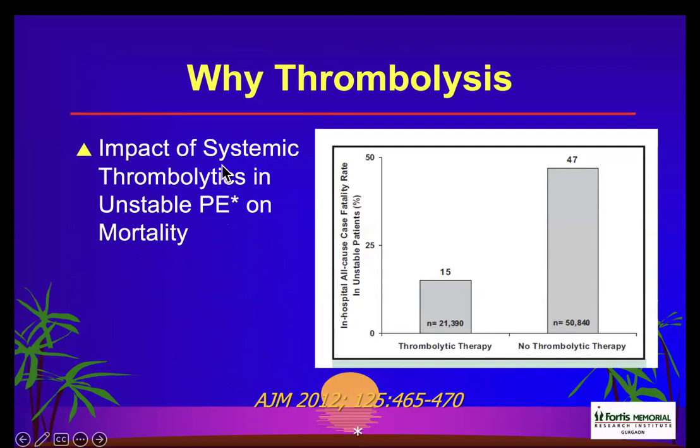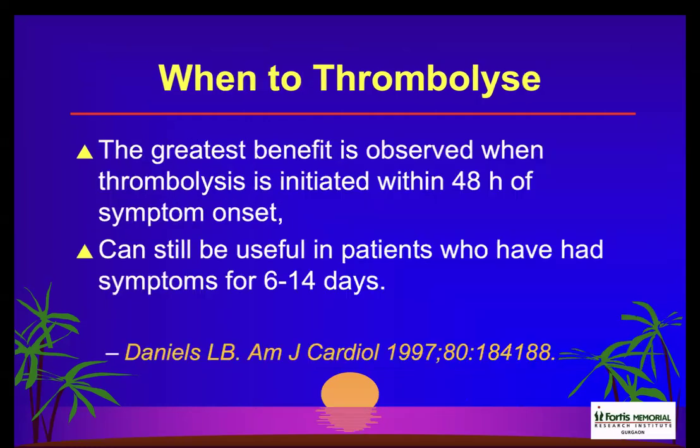This is in case of unstable pulmonary embolism, that is, high-risk pulmonary embolism. And you can see it's on a large number of cases, 50,000 cases with no thrombolytic therapy, around 20,000 cases thrombolytic. So it's very large patient data, which clearly shows that thrombolysis is the treatment of choice in patients with high-risk pulmonary embolism.